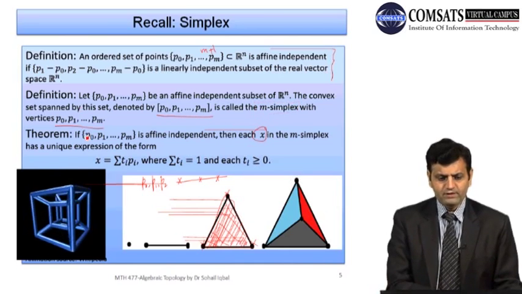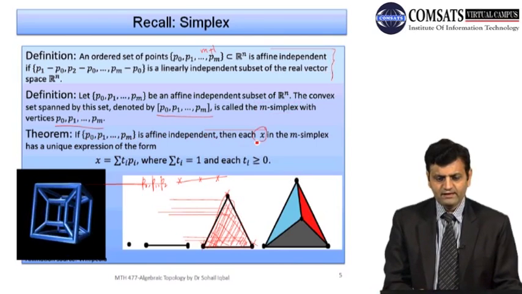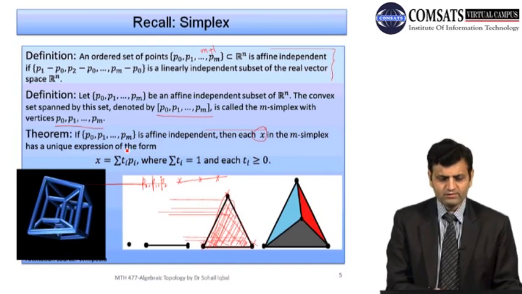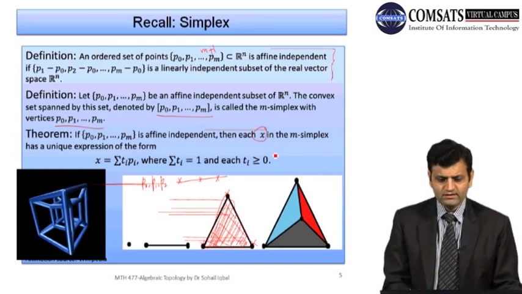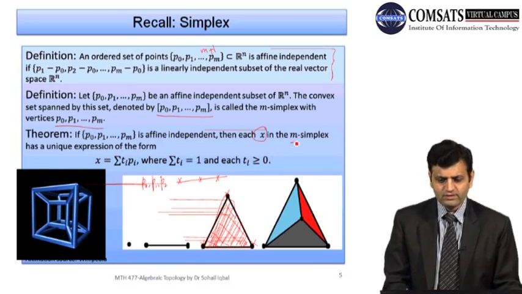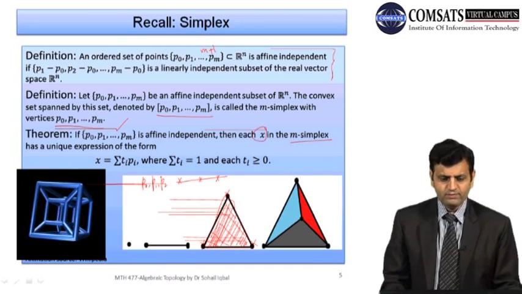Now if p0, p1 up to pm is affine independent, then each element x in the m-simplex has a unique expression of the form. So this is a simple way of writing down the elements of the m-simplex generated by the points p0, p1 up to pm.